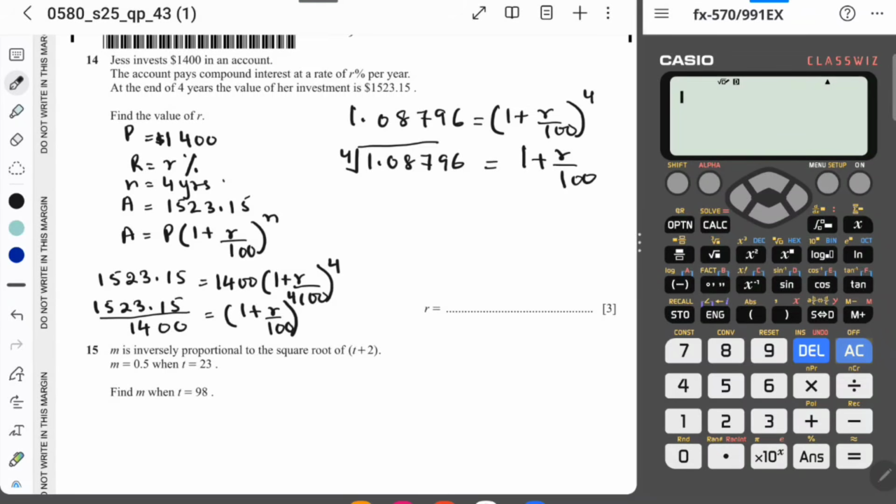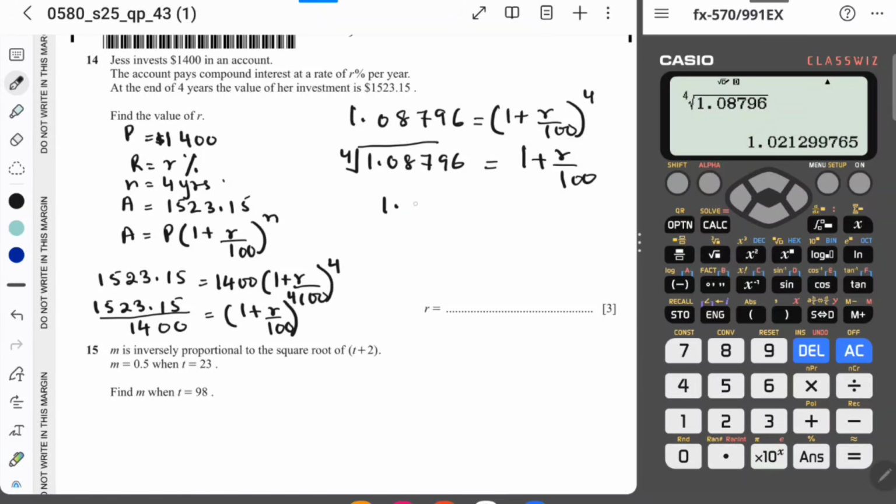Okay, so now what do we do? You just use the 4th root button, and then you press 4 and come inside, and then 1.08796. That is equal to 1.0213.